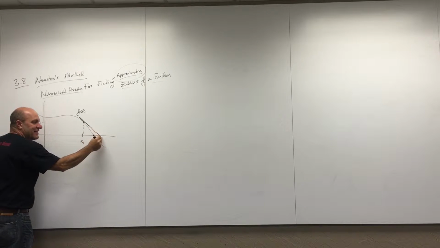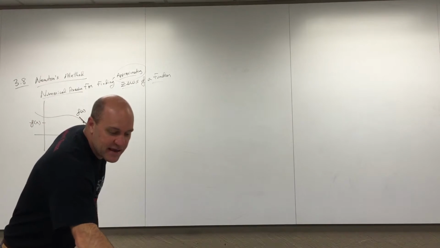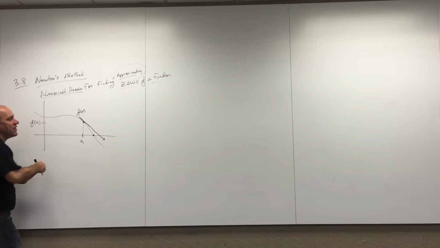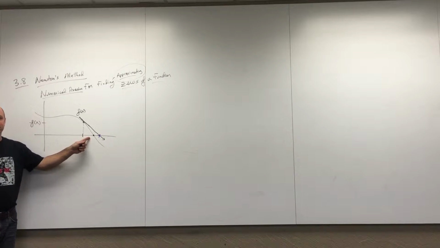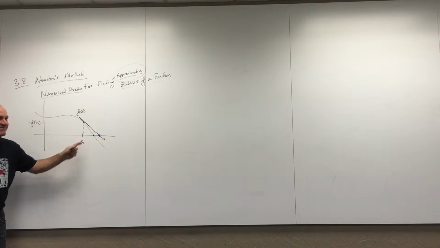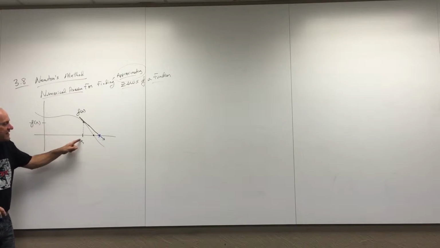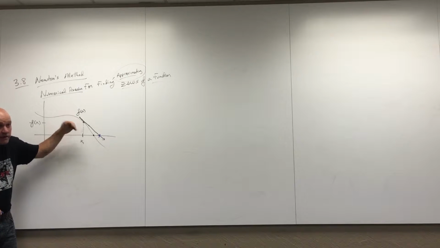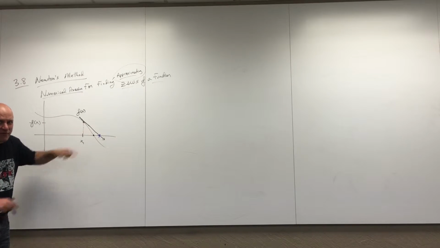Now look, is the x-intercept of the tangent line going to be the x-intercept of the function? No, but it's going to be close, especially if that initial guess was kind of close. The tangent line approximates the function pretty well, but not forever, right?